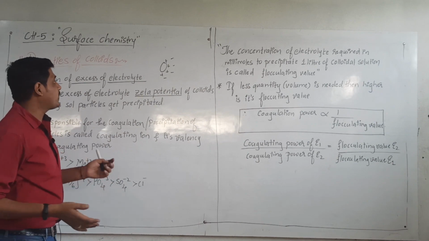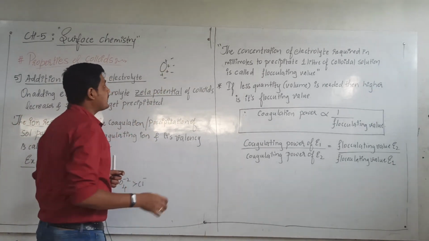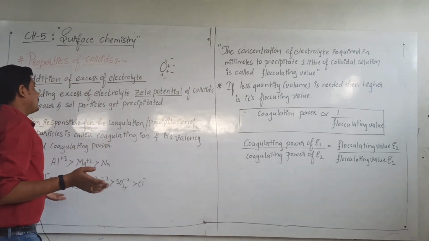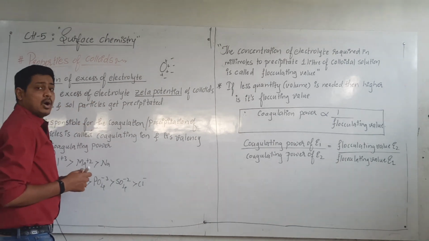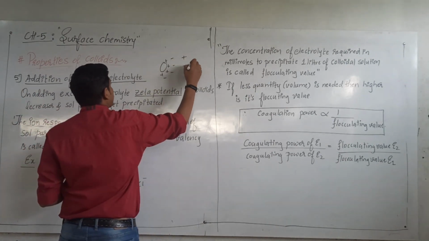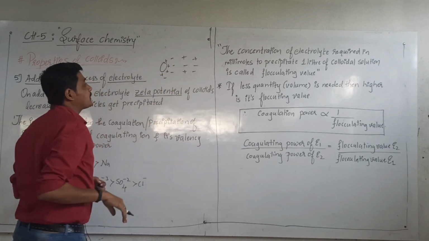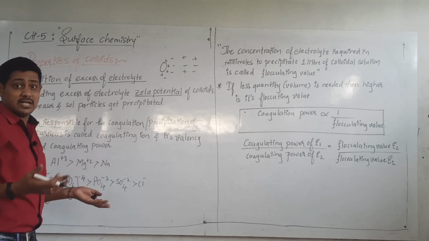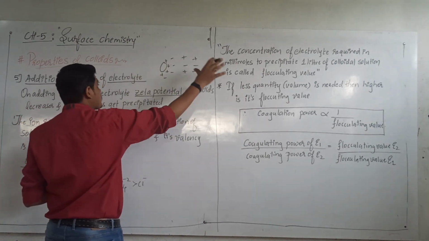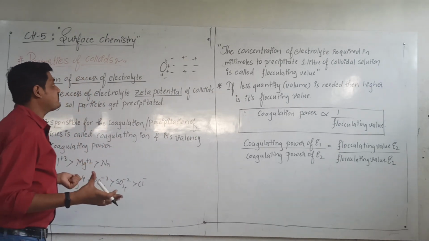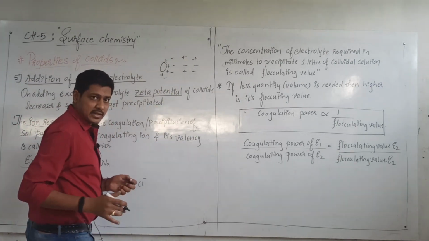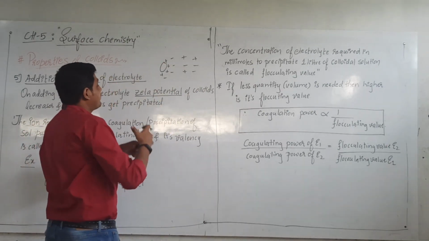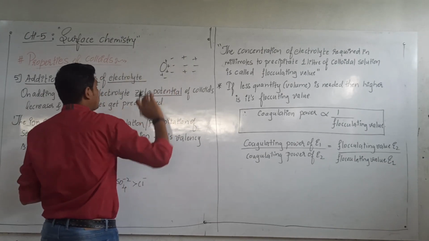When the potential difference between these two layers is decreased, this positive charge and this negative charge will combine. Why they will combine, that also I will tell you. When you add excess amount of electrolyte, there will be more positive and negative charges developed in the entire colloidal solution. This has to be balanced. Therefore, these two layers will get dispersed or diffused.